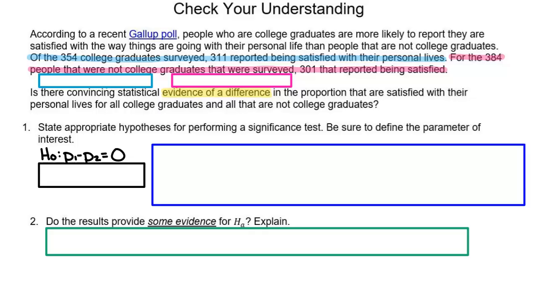Is there convincing statistical evidence of a difference? If there's not a difference, then P1 minus P2 equals 0, right? If there is a difference, would P1 minus P2 equal 0? Could it be less? Could it be more? If it's less or more, it's different from 0. So my alternative hypothesis is that P1 minus P2 is not equal to 0.